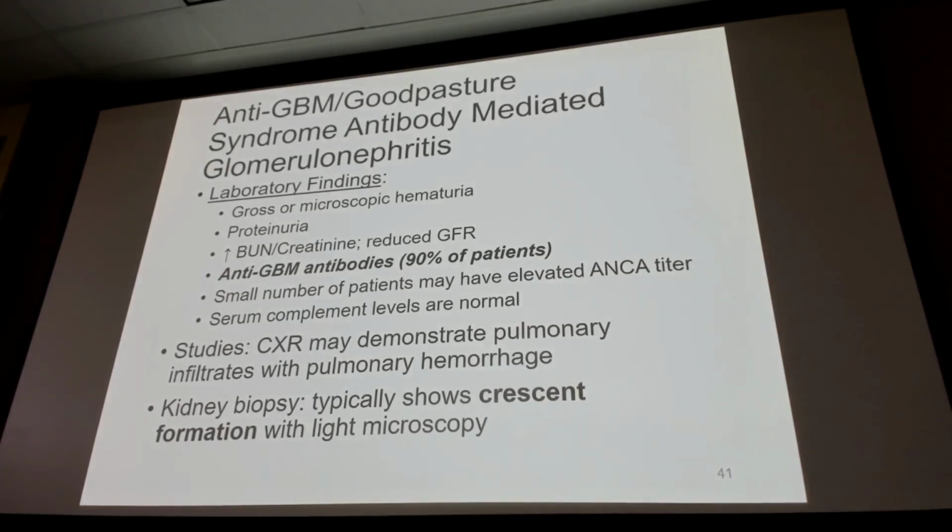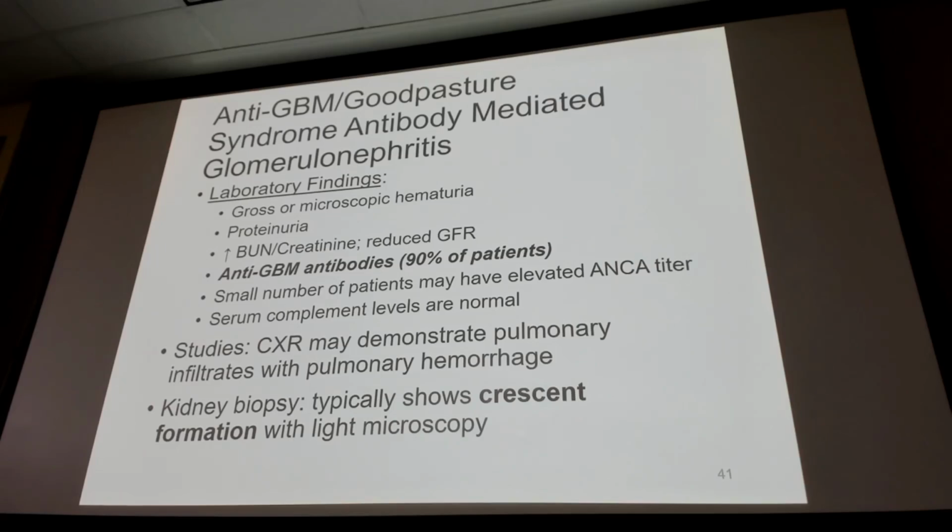And when differentiating between anti-GBM and Goodpasture, what's a big difference between the two as far as systemic effects and clinical presentation? What's the classic index patient presentation in Goodpasture?